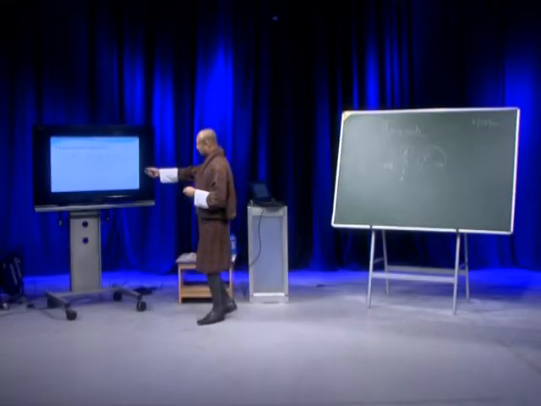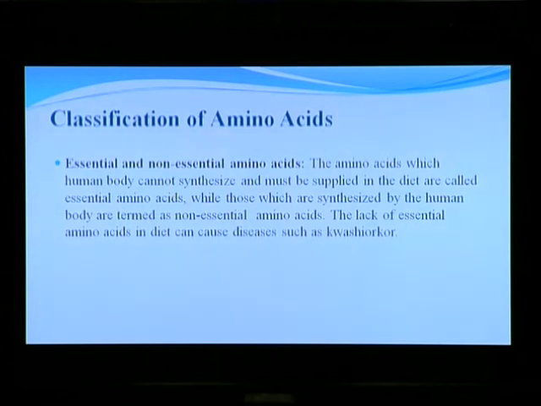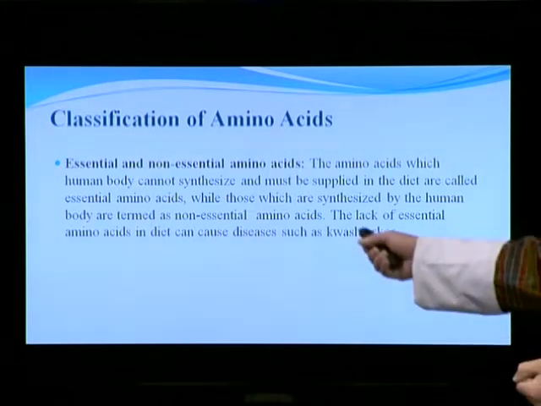So if I explain from here, the amino acids which the human body cannot synthesize and which must be supplied in the diet are called essential amino acids. Those which are synthesized by the human body are termed non-essential amino acids.